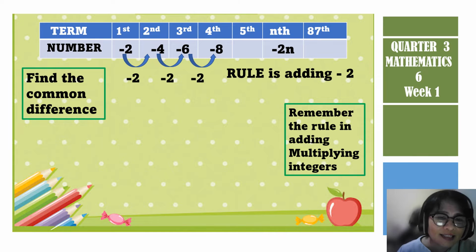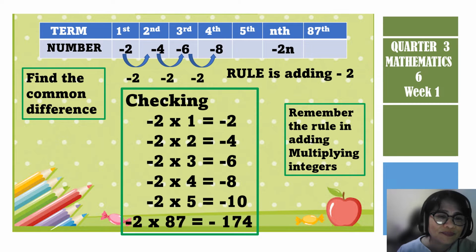Okay, tingnan natin kung ang ating rule na napili ay tama. Let's check. Okay, so itong negative 2 is our rule and ito yung mga term na nakikita natin dito. So, your first term is negative 2 times 1 is equals to negative 2. Ayun, tama tayo. So, negative 2 times the second term is equals to negative 4.